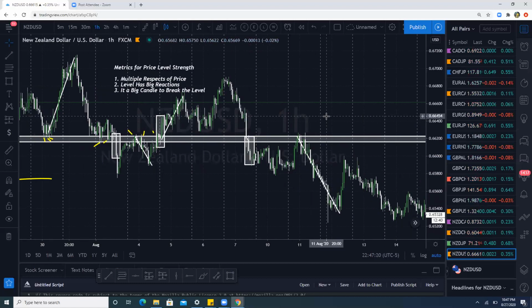So if you look at these three things, and if you really just judge off of these three things, you're going to be able to identify good price levels. Because when it comes to trading, you want to look for things that repeat themselves, because it's the only way you can actually get a measurable result with trading.